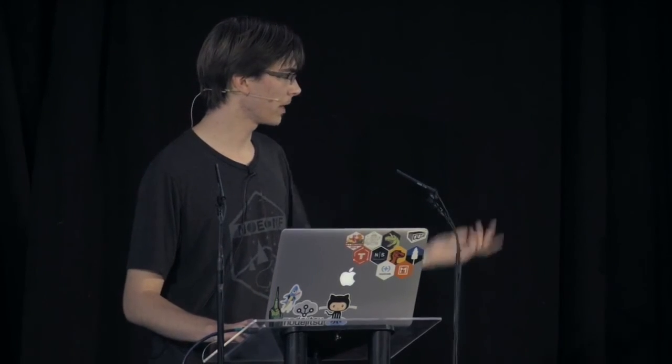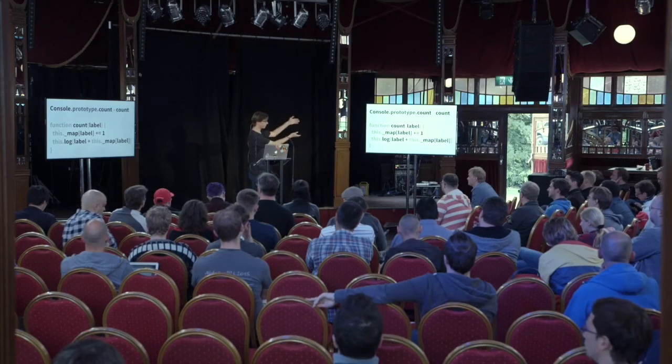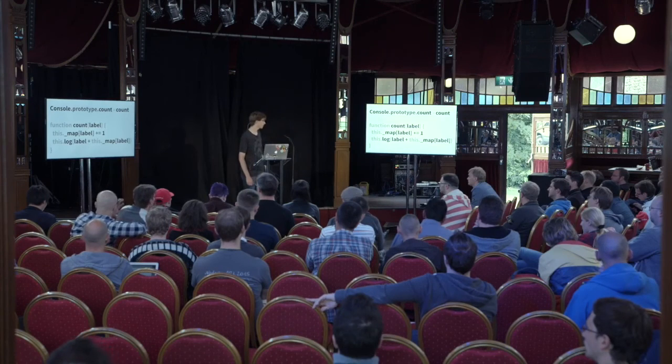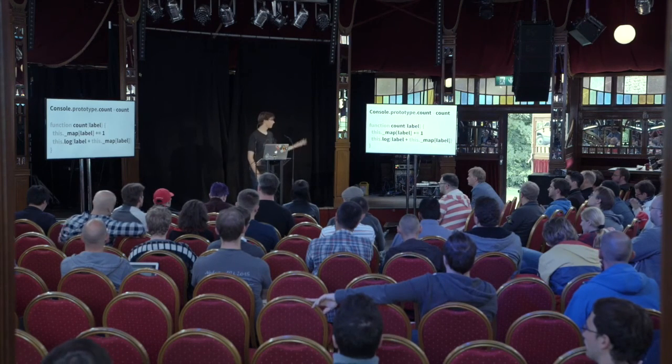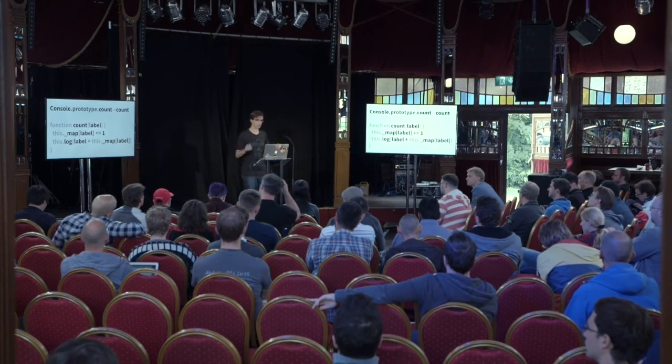So if we want to make console.count, which we don't have yet, all we need to do is put a JavaScript function in there, and it can maybe look like this. It's probably not the best, but yeah. Lots of that stuff is just JavaScript, so no need to worry about the scary C++ yet.